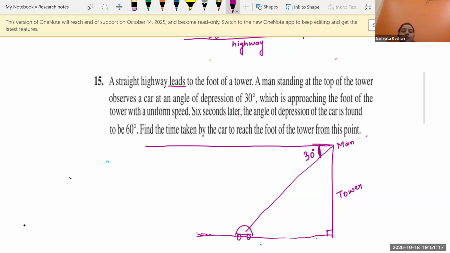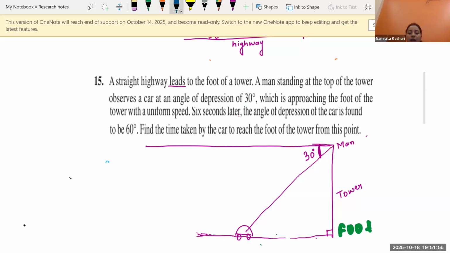Which is approaching the foot of the tower with uniform speed. 6 seconds later, the angle of depression of the car is found to be 60 degrees. So this car is moving towards the foot of the tower. It's written in the question: which is approaching, that means the car is approaching the foot of the tower with uniform speed, that means maintaining the same speed. 6 seconds later the angle of depression of the car is found to be 60 degrees.